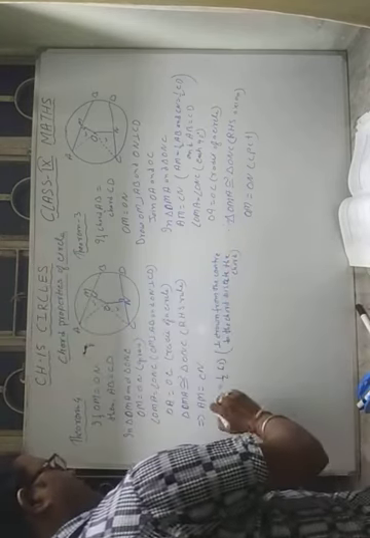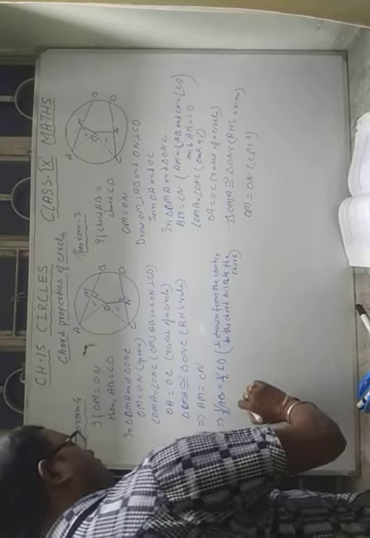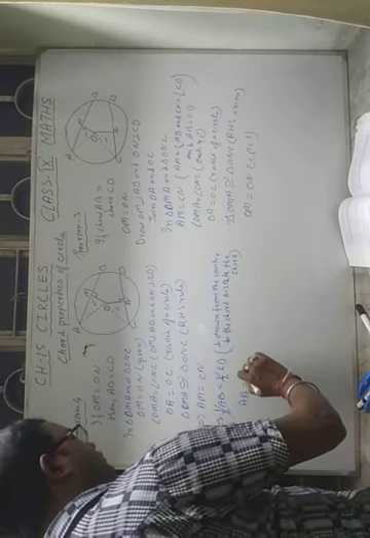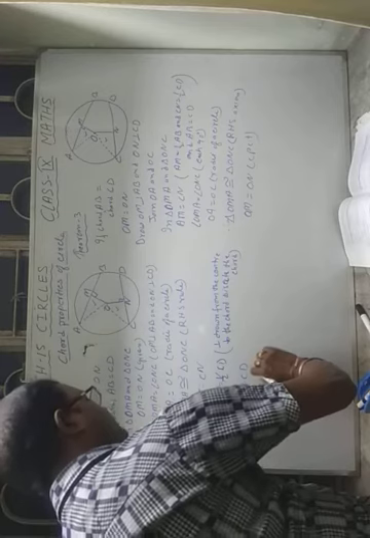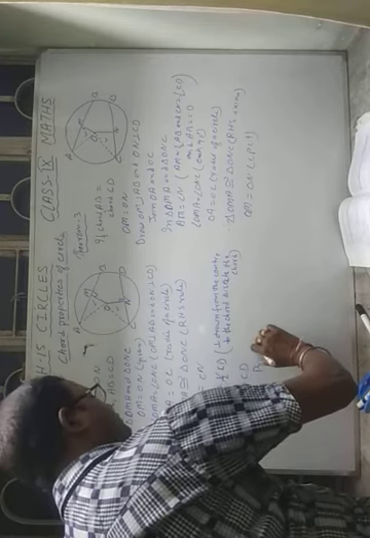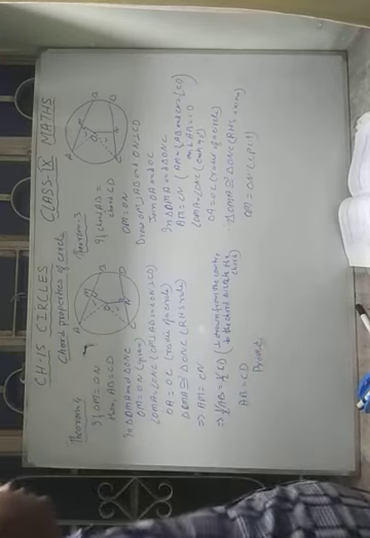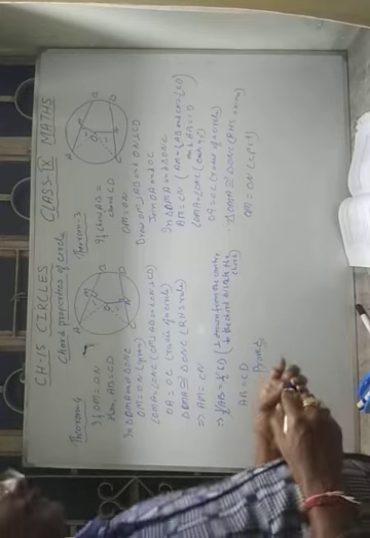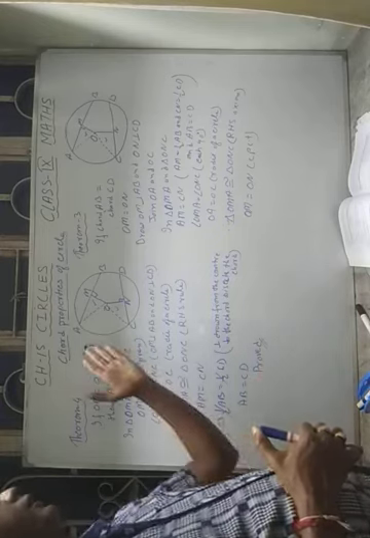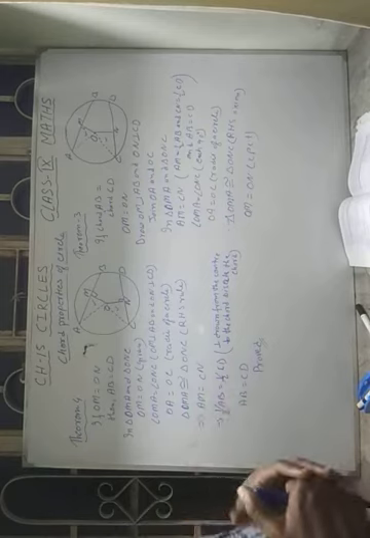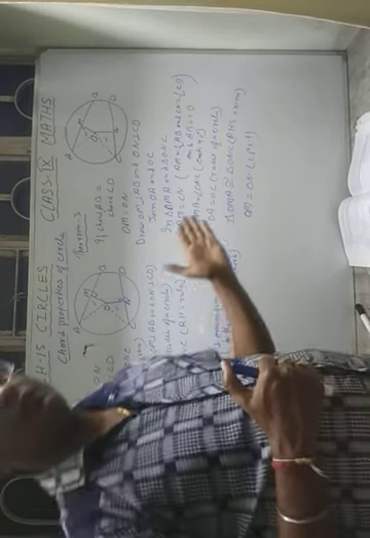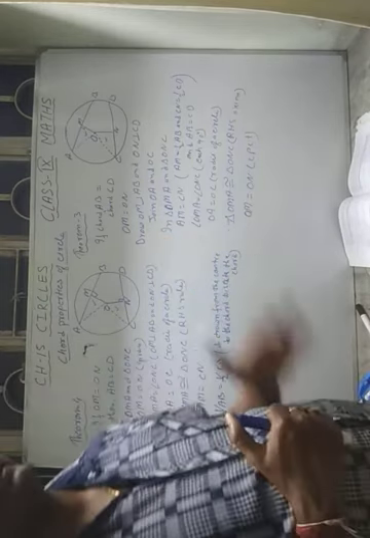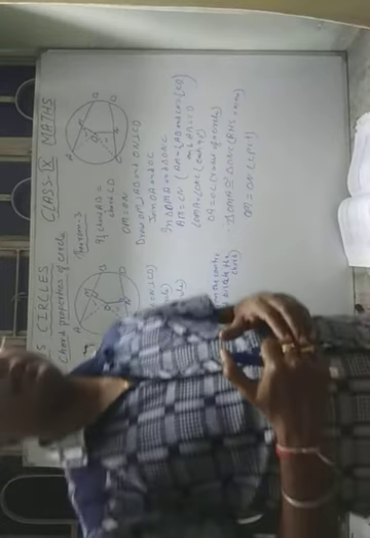So when you cancel half, you will get AB equals CD. It is proved that when two chords are equidistant from the center, they are of equal length, and the converse theorem: if two chords are equal in length, they are equidistant from the center.